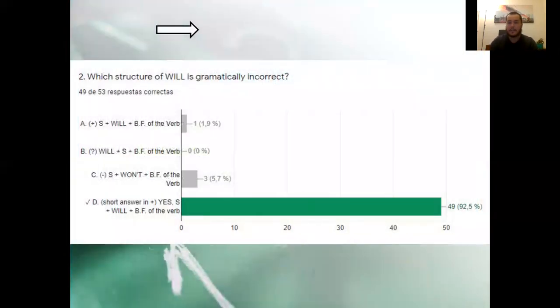Number two says, which structure of will is grammatically incorrect? Before that, let's have a look at the example at the top. This is the typical example that I give. I play, yo juego, in Spanish. When you want to make it yo jugaré, I say, I will play.